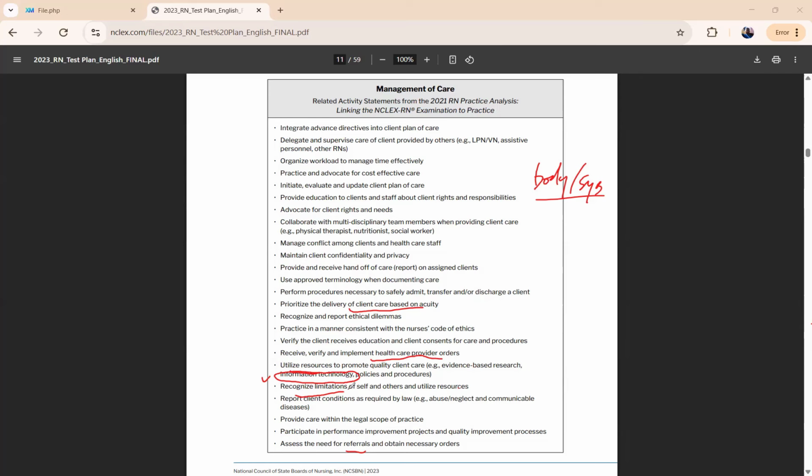But the questions you are going to see in this area are staff education questions, whereby they say you attended a staff education about so and so. Or maybe you are about to teach other staff members, you're about to prepare a staff teaching about so and so. What would you include in the teaching? Or you attended a staff education about so and so, what will show correct understanding? That's what the NCLEX is testing.